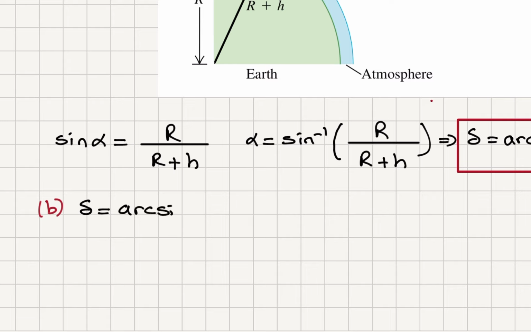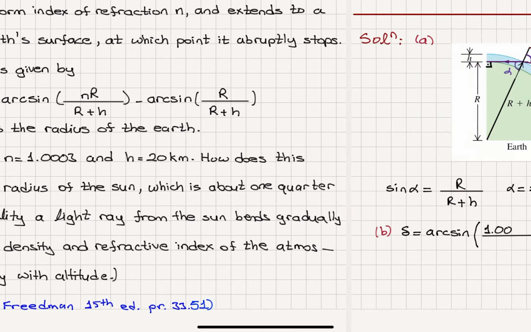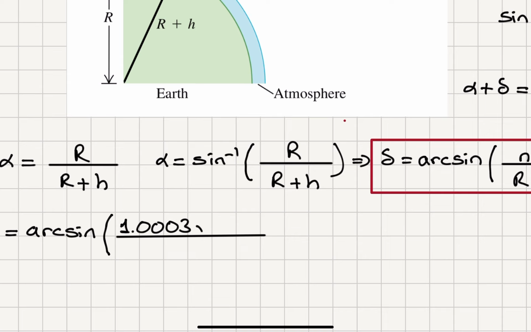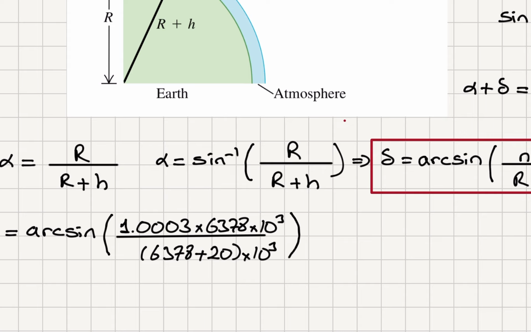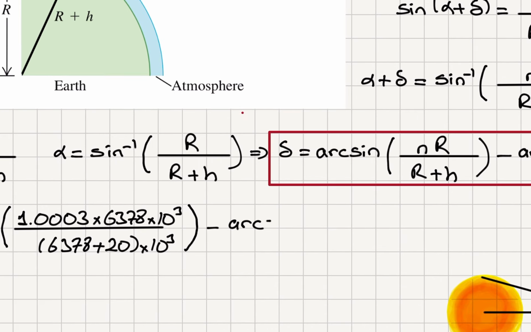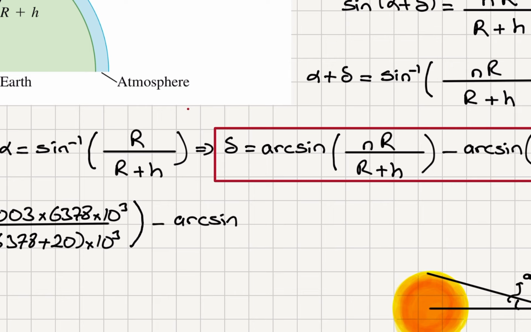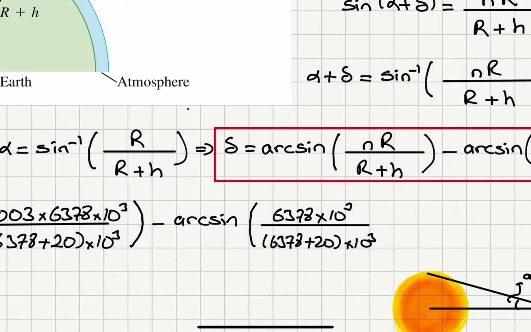So arcsin of the index of refraction of the atmosphere, 1.0003, times the radius of the Earth, 6,378 times 10 to the 3 meters, divided by 6,378 plus h, 20 kilometers, times 10 to the 3 meters, minus arcsin of r over r plus h, which is 6,378 times 10 to the 3 meters over 6,378 plus 20 times 10 to the 3, that's r plus h.